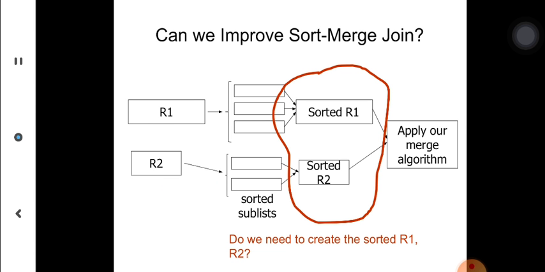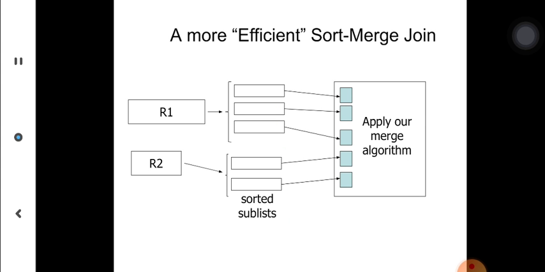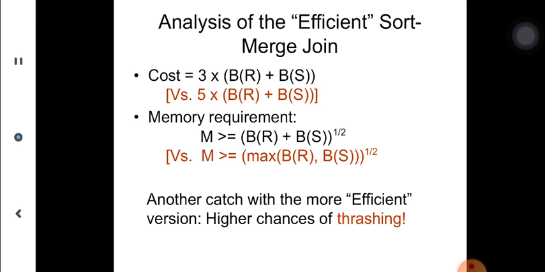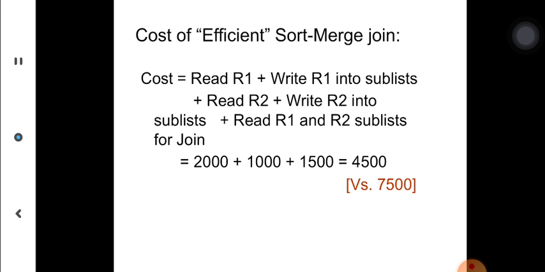Okay. So can we improve the sort merge join? Do we need to create the sorted R1 and R2? That's the practical feeling, but there is no choice, because when we are merging, they are already sorted. So a more efficient sort merge join is like this: sorted sublists, and then finally apply the merge algorithm. The analysis of the efficient sort merge join operation happens like this, and I skip this.